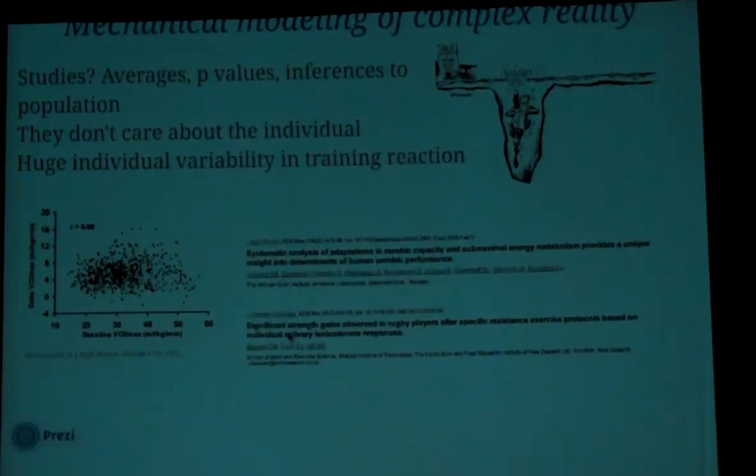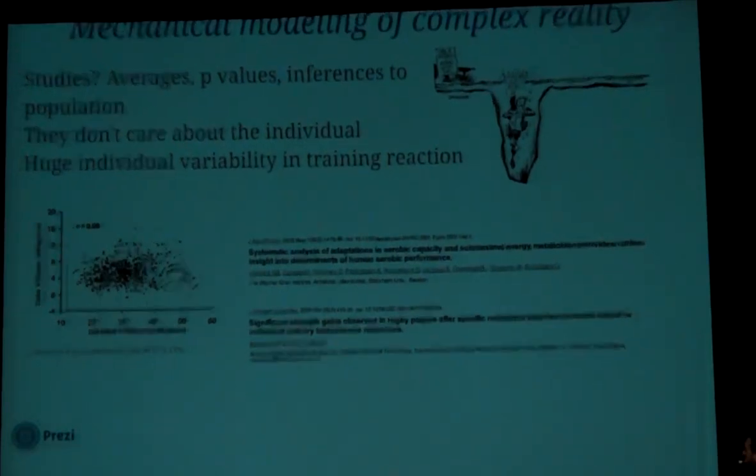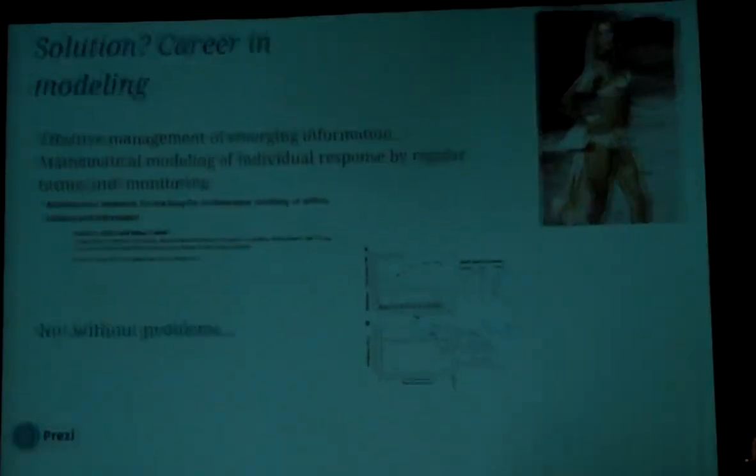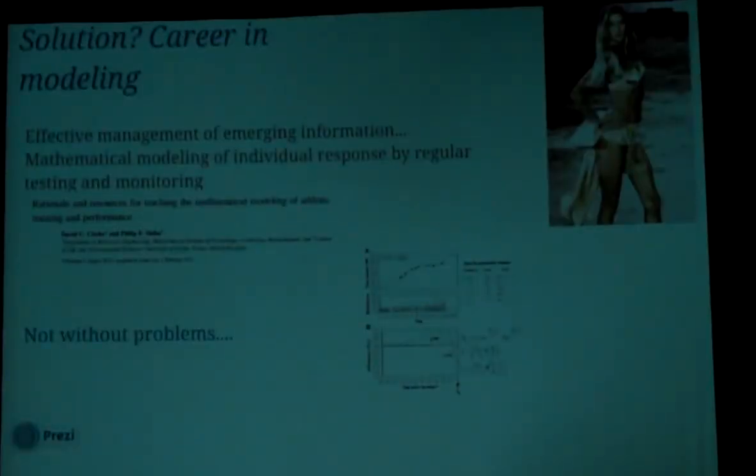They show that the guys who perform the session that creates the biggest testosterone response for them improve the most. So this couple of studies show that there's a huge individual variability in reaction to training. The solution is a career in modeling.